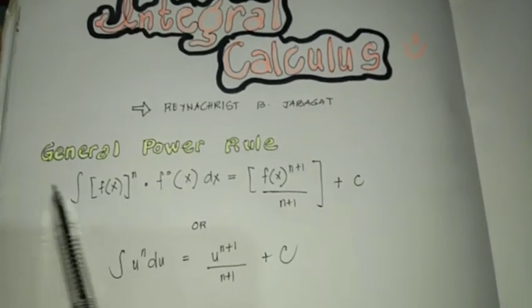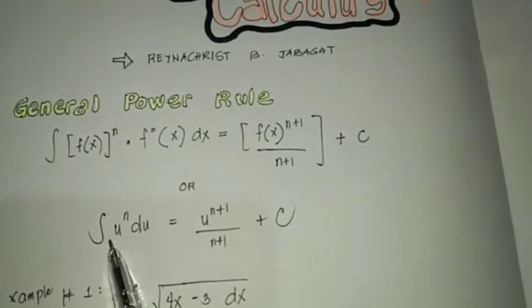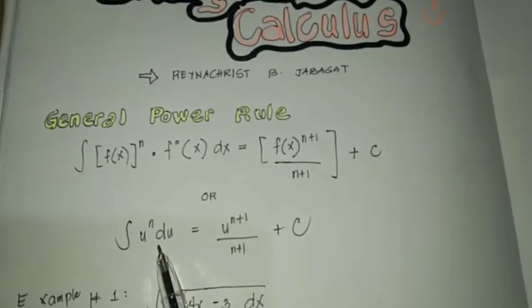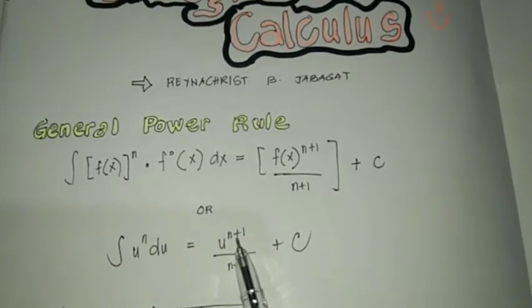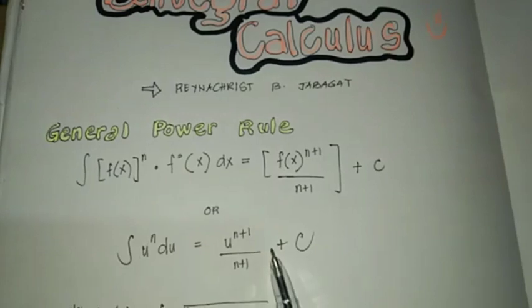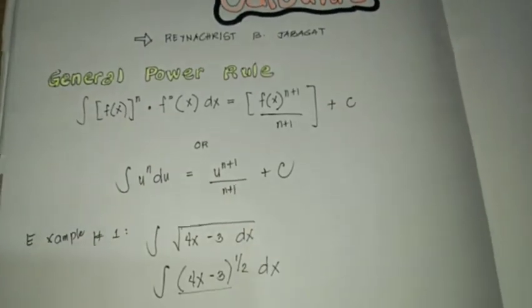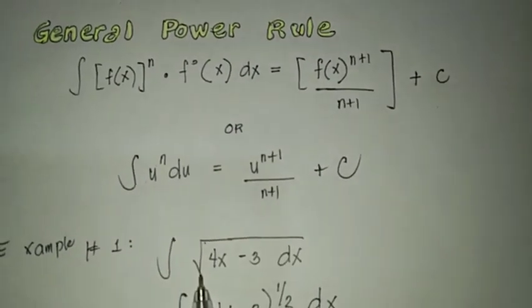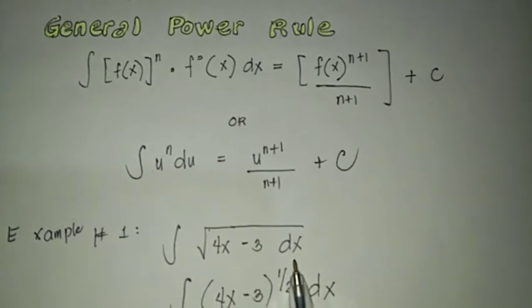Or to make this formula easier, let's have this one: the integral of u to the power of n times the derivative of u is equal to u to the power of n plus 1 over n plus 1 plus c. So I have an example here: the integral of the square root of 4x minus 3 dx.